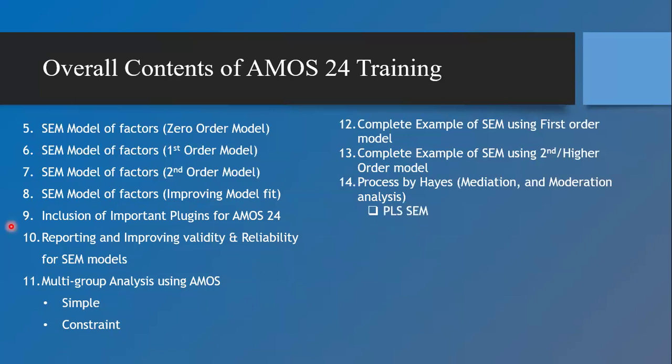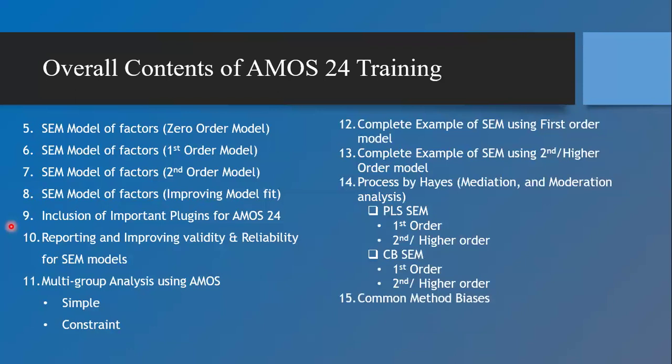We can apply these processes using PLS-SEM first order, second order. We may apply the same procedure using CB-SEM for first order, second order, although AMOS 24 only focuses on the CB-SEM procedure. So we will concentrate on CB-SEM only for first order or second higher order.